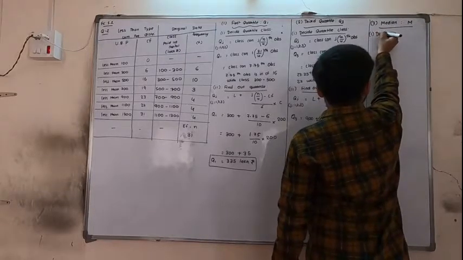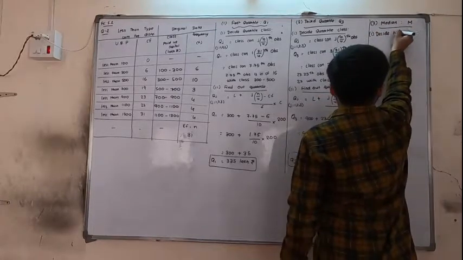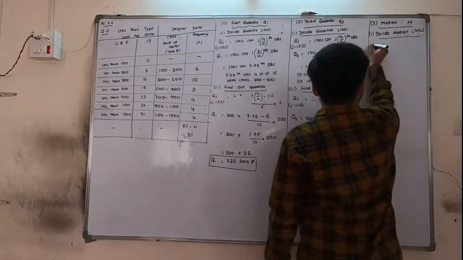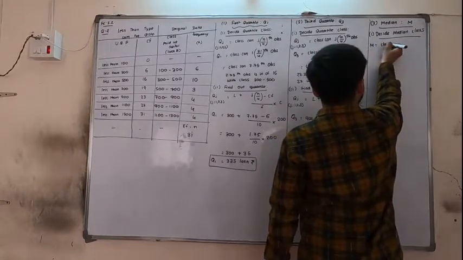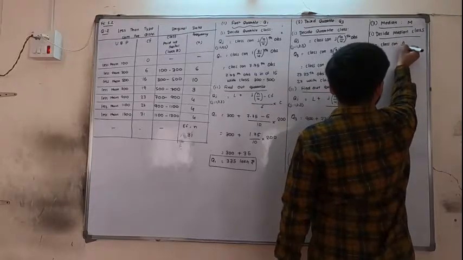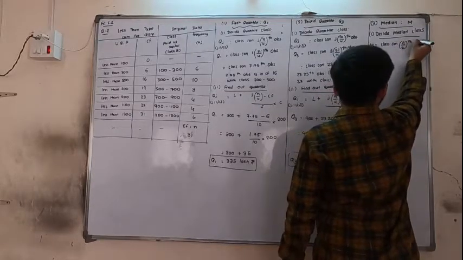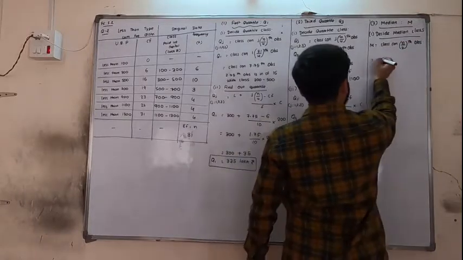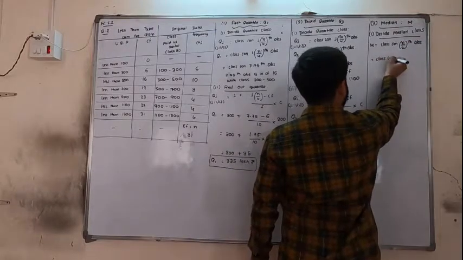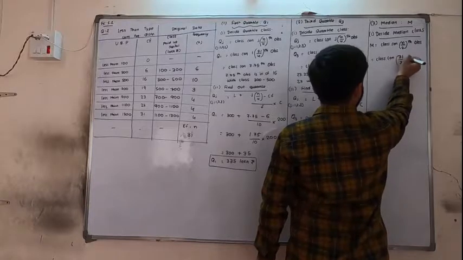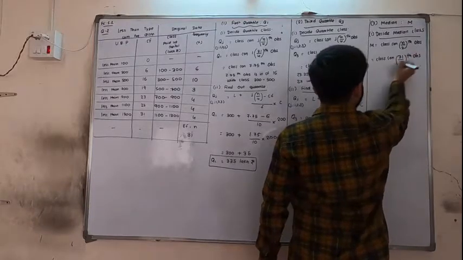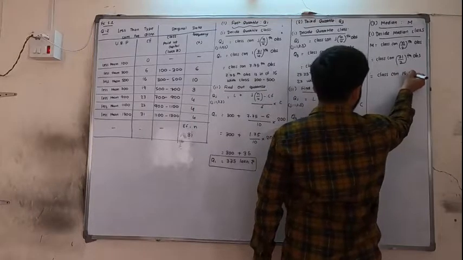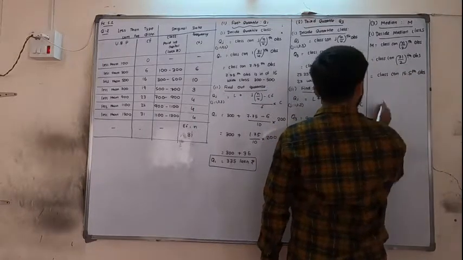Now the third calculation is median M. First step, decide the median class. M is the class containing the n by 2th observation. So the class containing the 31 by 2th observation, so the class containing the 15.5th observation.